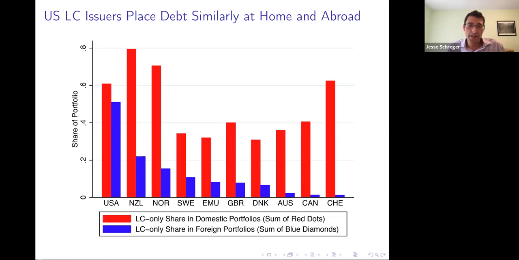And so on the left, you can see that American firms that borrow only in dollars account for around 60% of the US domestic bond portfolio, but around 50% of the foreign portfolio. That's not the case when you look at any other country: local currency only borrowers account for a huge fraction of the domestic portfolio, but foreigners are dramatically underweight these local currency firms.